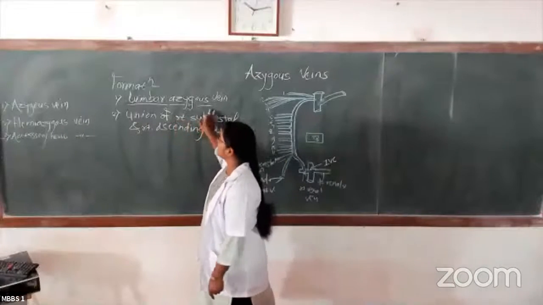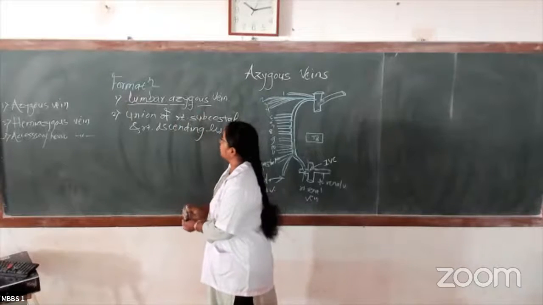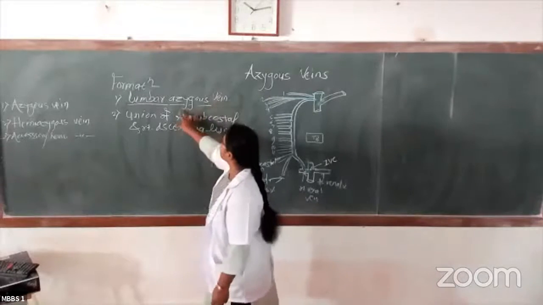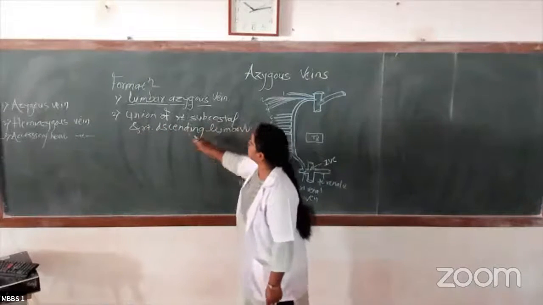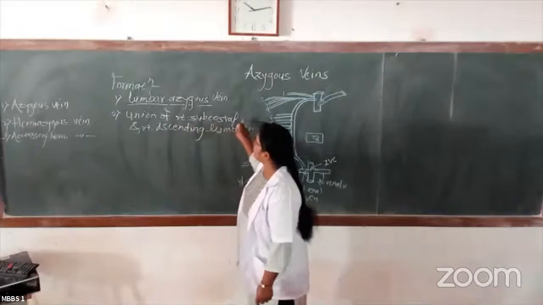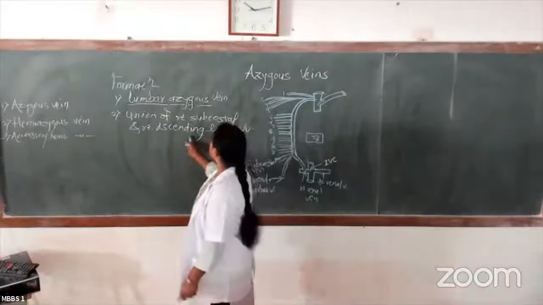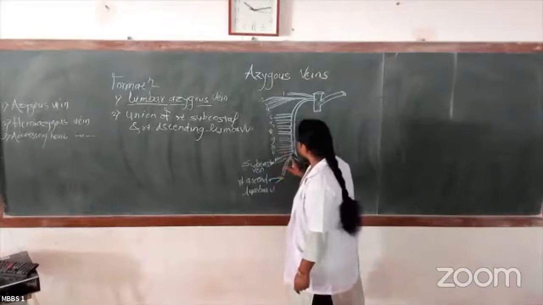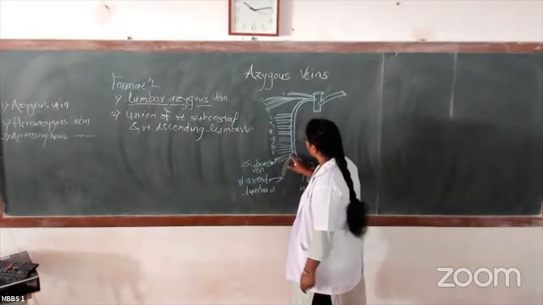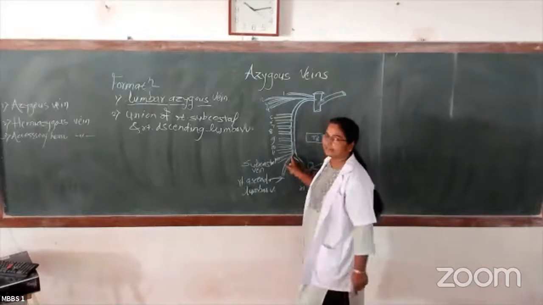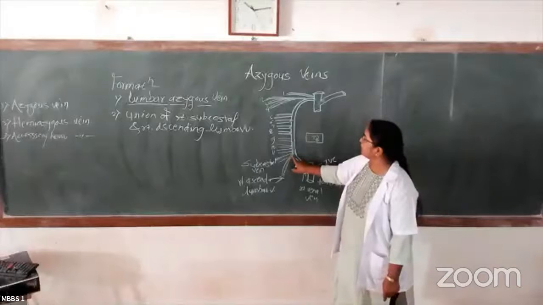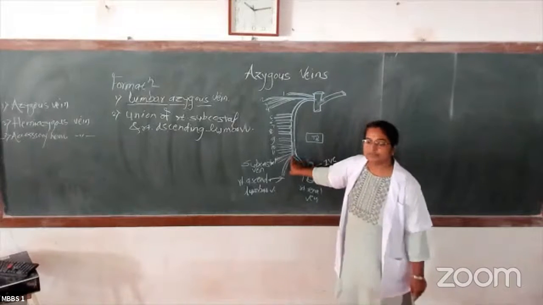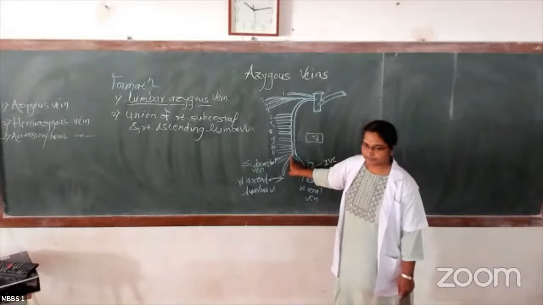So this is the second mode of formation, that is when it does not arise as lumbar azygous, then the trunk which is formed by the union of the right subcostal vein and right ascending lumbar vein. See, this is the venous trunk here which is formed at the level of the 12th thoracic vertebra. Then it itself commences as the azygous vein.